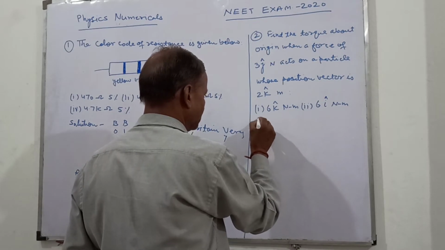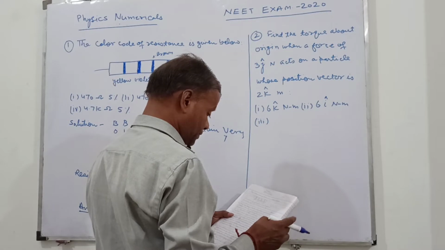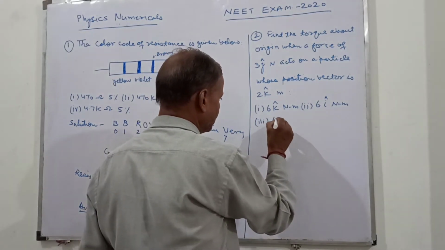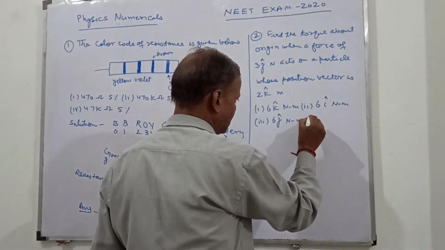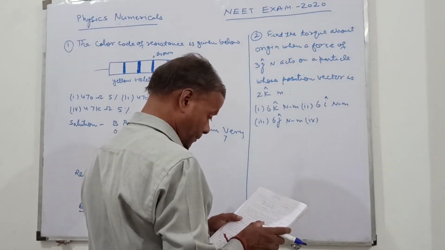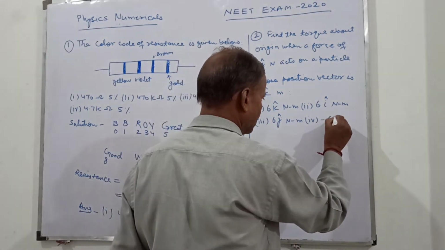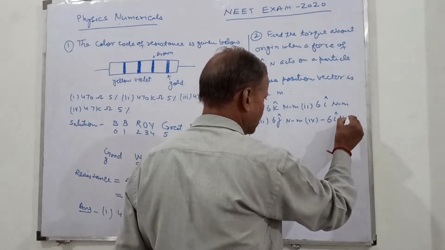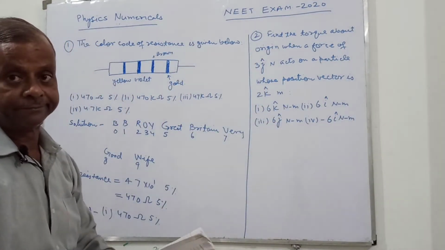Third option is 6J Newton meter. And fourth is minus 6i Newton meter. You have to choose the correct option.